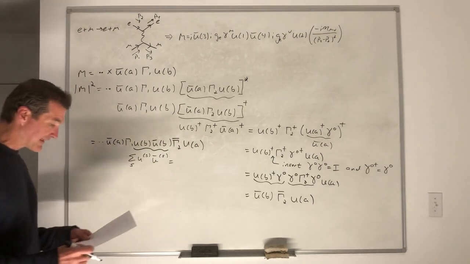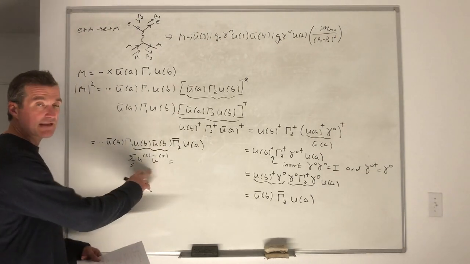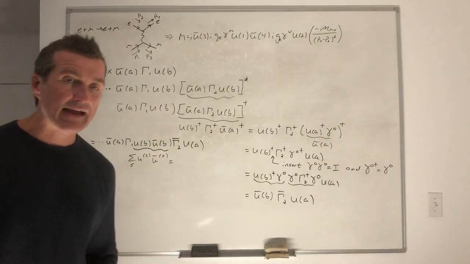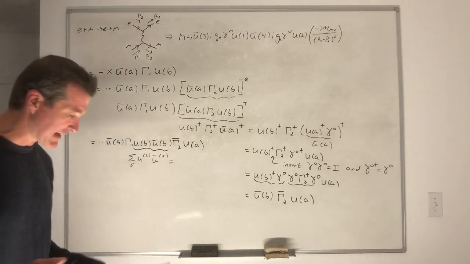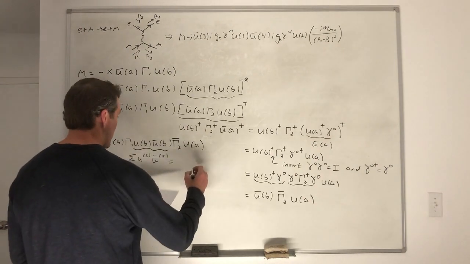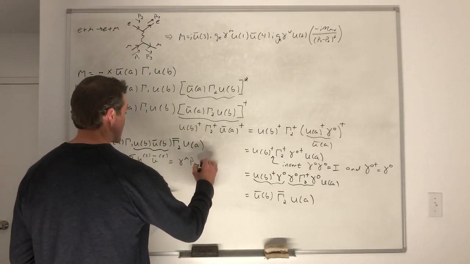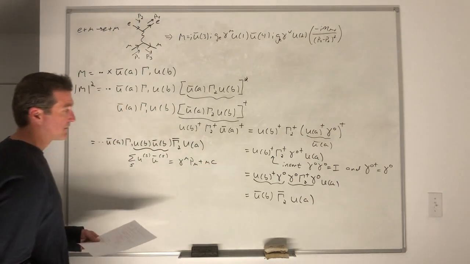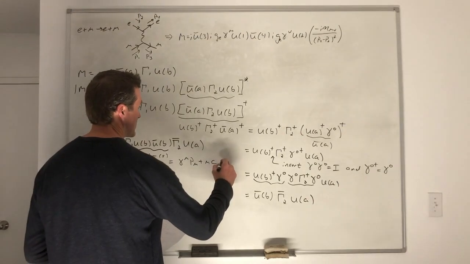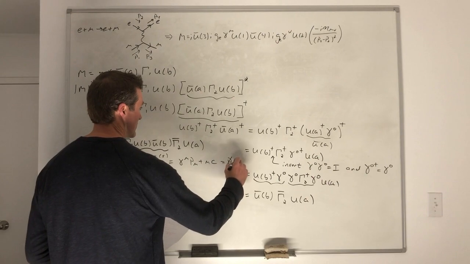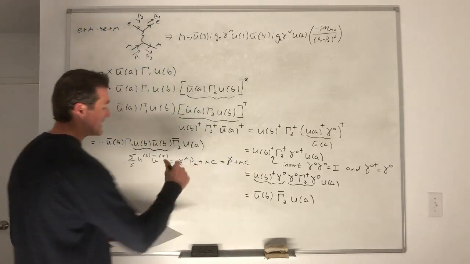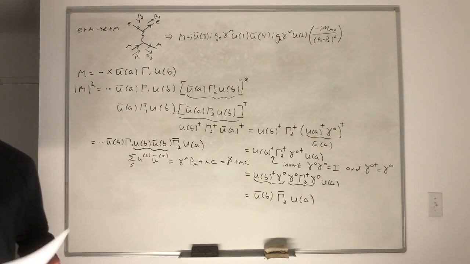Completeness relations? Yes, exactly. This is the spinor completeness relations, which is one of the things that I gave you Tuesday. So this is going to be gamma mu, p mu, plus mc, which we usually just call p slash. P slash is gamma mu, p mu.